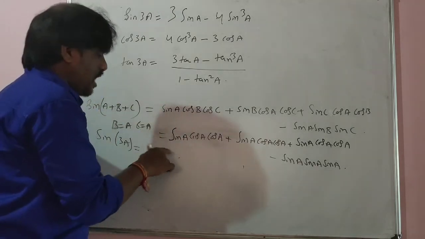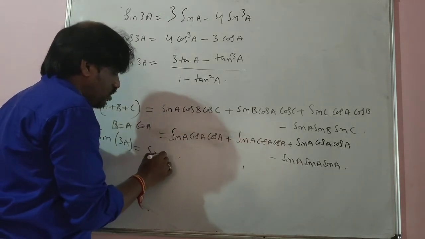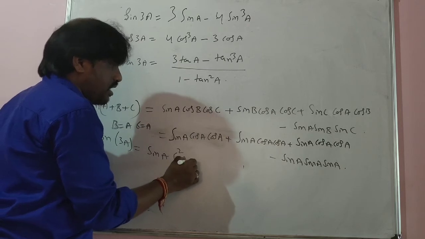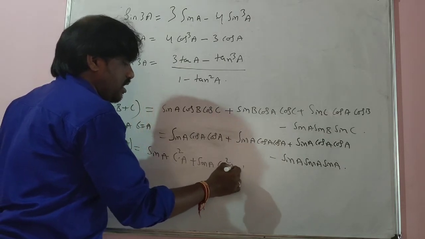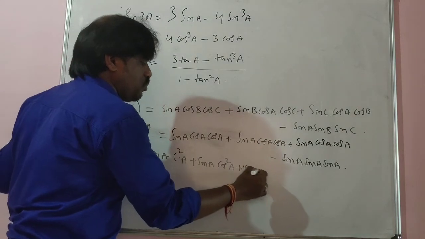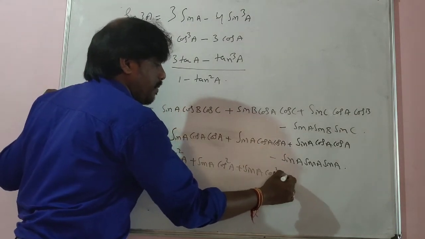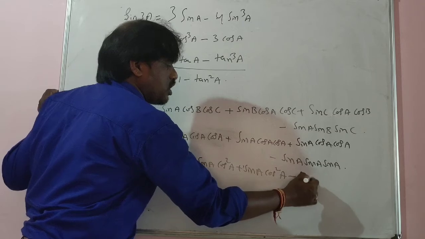And here I am going to get sin a into cos square a plus sin a into cos square a plus sin a into cos square a minus sin cube a.